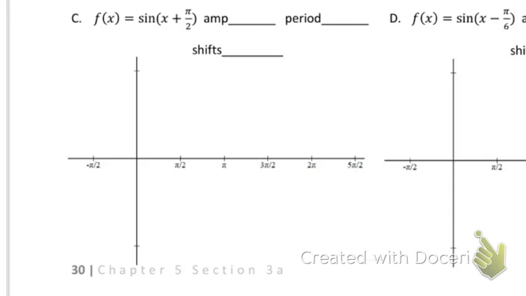So a positive, or plus pi over 2 moves it left. The amplitude is whatever number's out here. That's 1. So whatever, there's actually a 1 there, so it's 1. The period, we don't know how to change that, so that's still going to be 2 pi. In fact, I already labeled it for you.